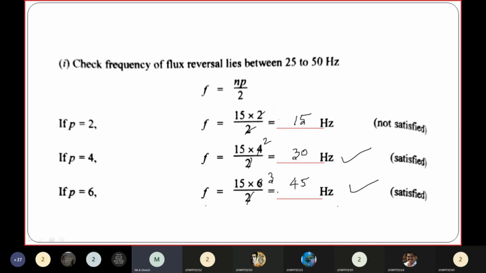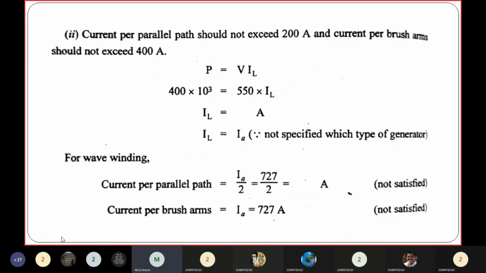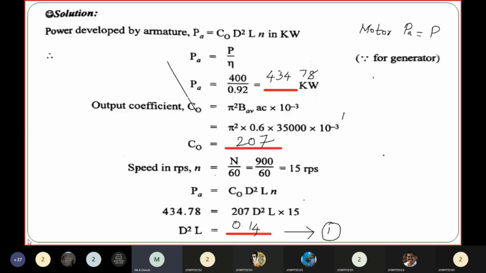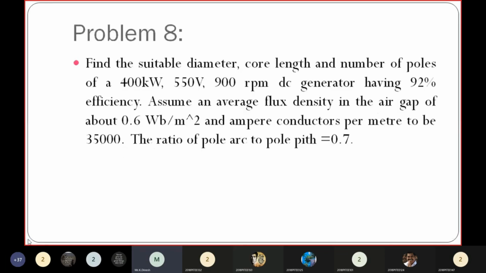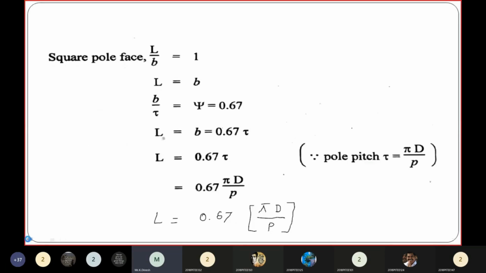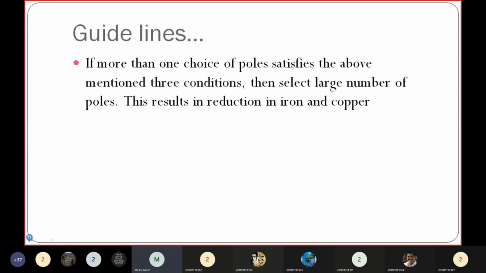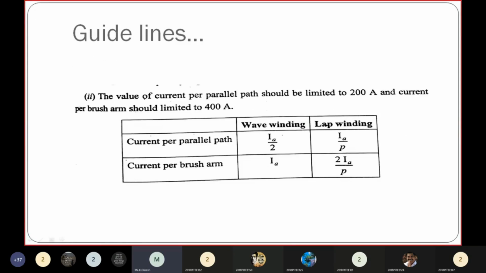In this case, what are we trying to do? We have to check the second eligibility criterion. What is your second case? The second guideline is that the value of current per parallel path should be limited to 200 amps, and then current per brush arm should be 400 amps. And then the nature of winding also we have to check.